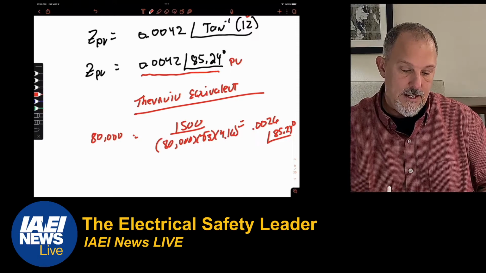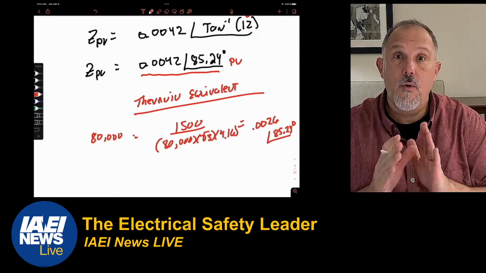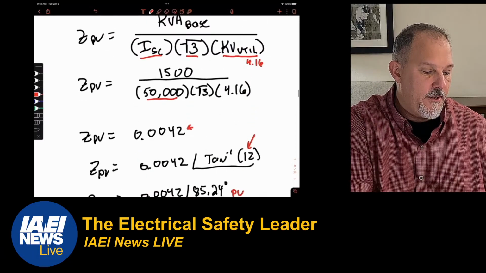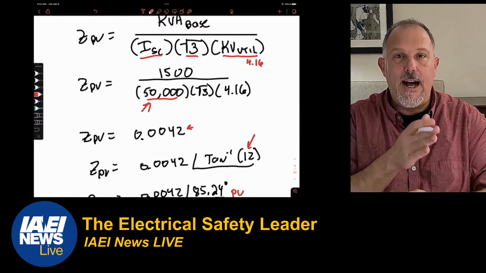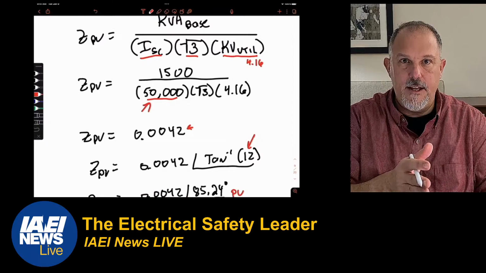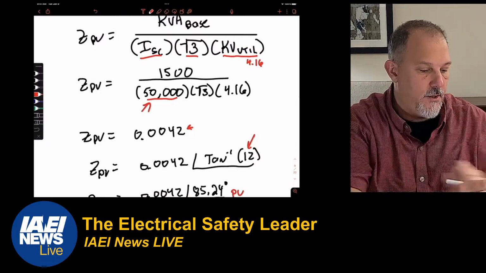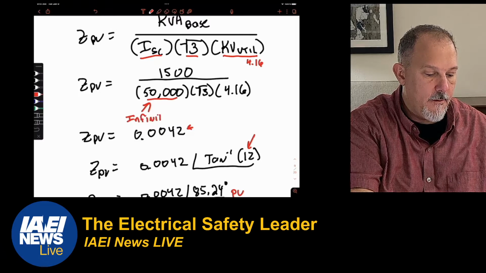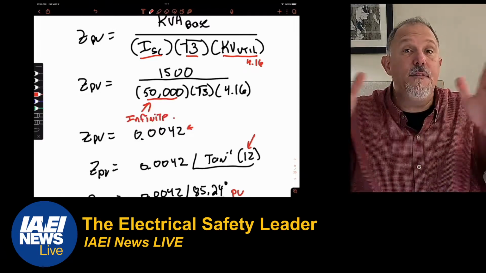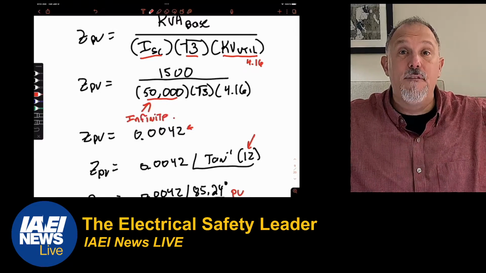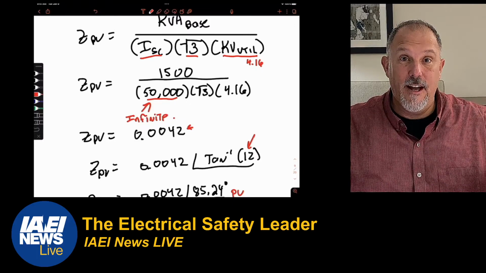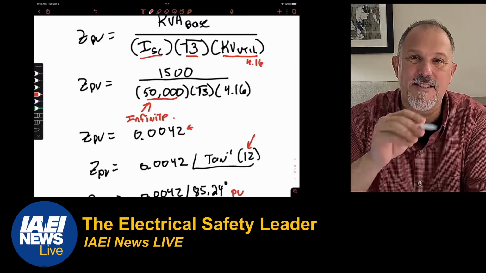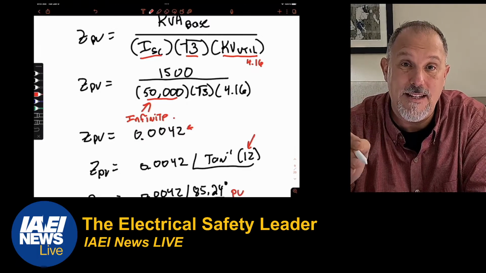Now, what happens if I look at this equation? If I said the available fault current was infinite, I had an infinite amount of fault current available from the utility. What is my per unit impedance?